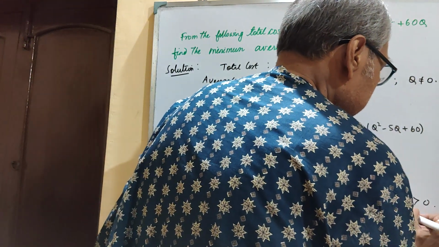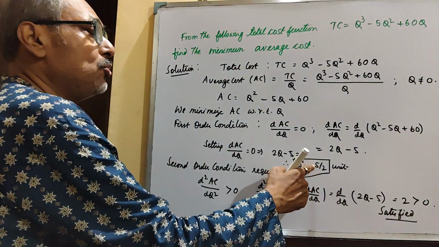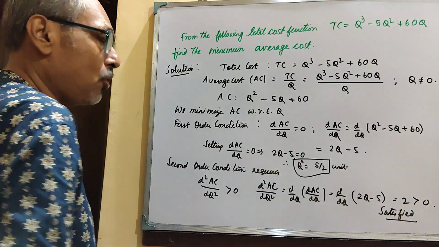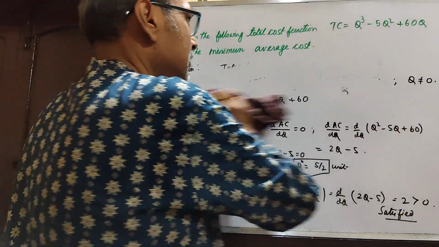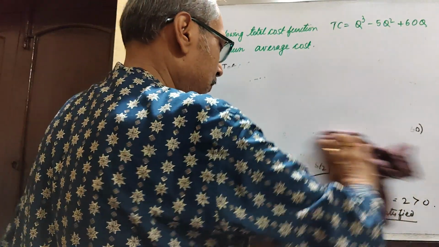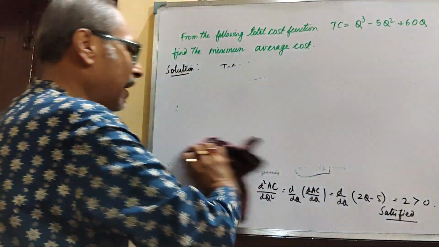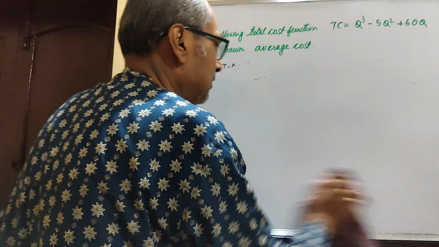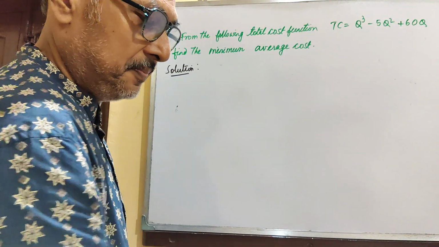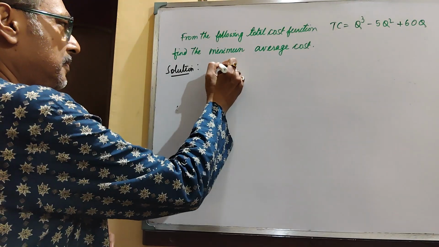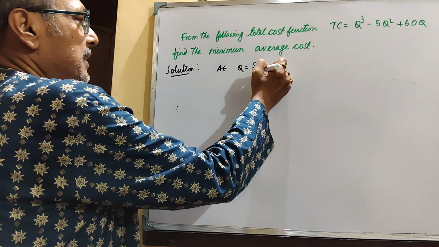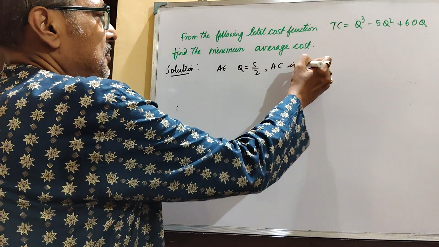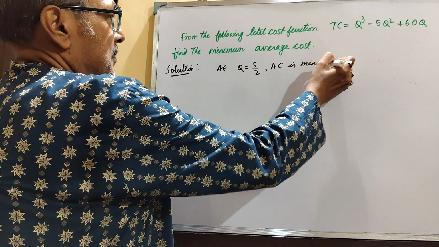That means at Q equals 5 by 2, average cost is minimum.